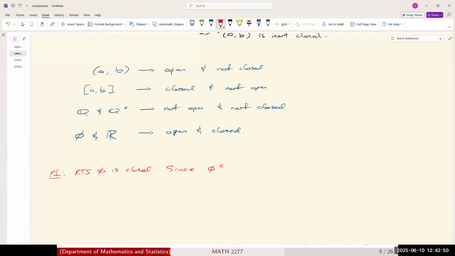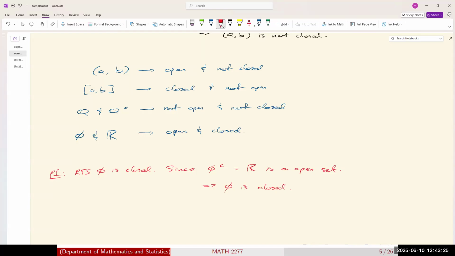The empty set has no elements, so if we are in the real numbers, the complement of the empty set is the entire space, the real numbers. But the real numbers is an open set. So since the complement of this set is an open set, that means the original set is closed.